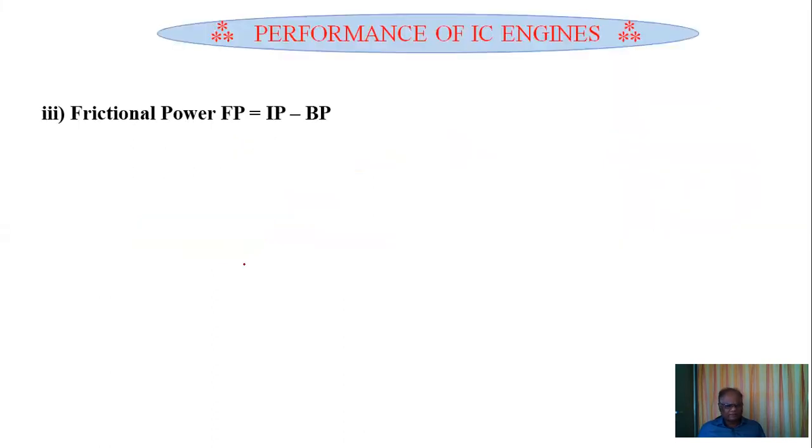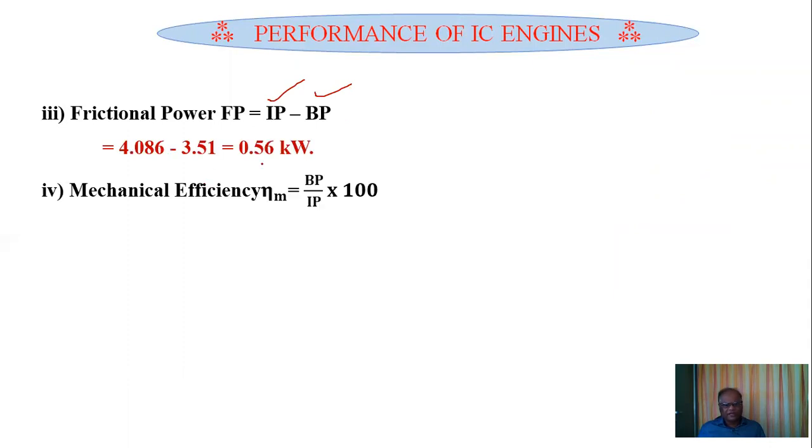So next is frictional loss. You have calculated the IP and the BP, and the difference of these two is the frictional loss. Mechanical efficiency is the ratio of useful power to the total power, that is, brake power to the indicated power.